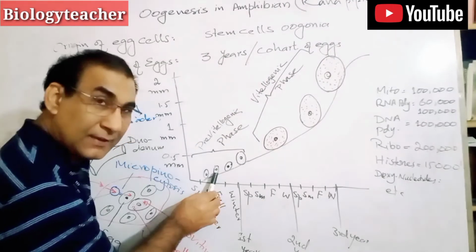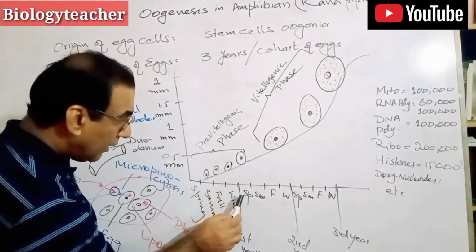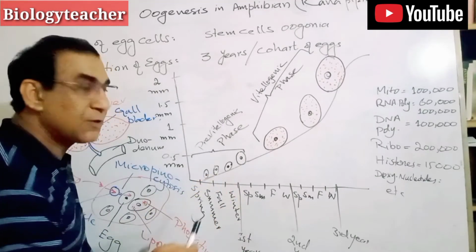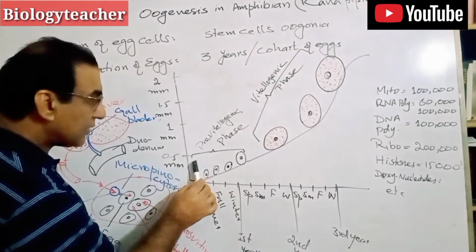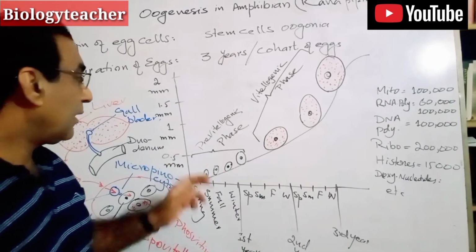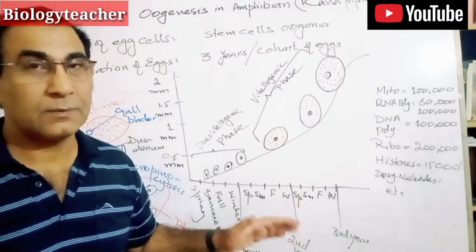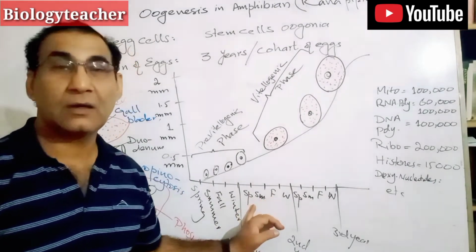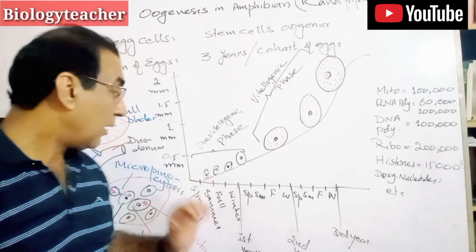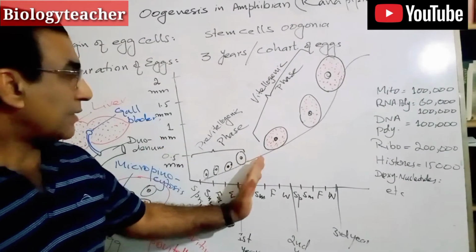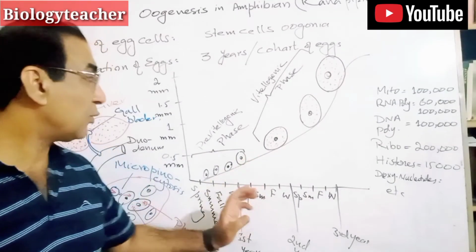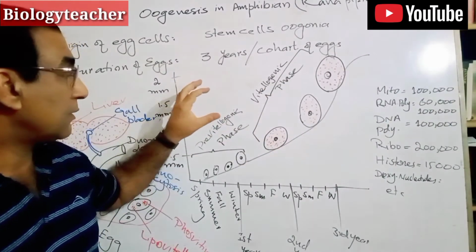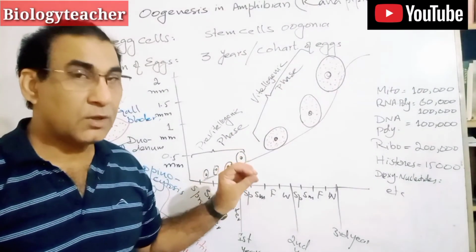Then it increases in size, and at the end of the first year and the commencement of the spring, it completes its first phase, the pre-vitellogenic phase. The pre-vitellogenic phase is completed in the first year of the maturation of the egg. Then starts the second phase, the vitellogenic phase, in which the yolk is deposited into the oocytes.